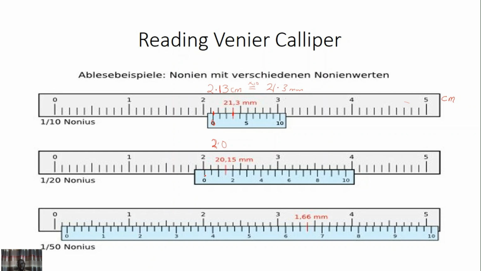Now, the next thing is to read from the Vernier scale. And before you do that, you need to look at where the Vernier marking coincides with the main scale marking. And if you look at it, it is here. Good. Now, you need to orient yourself with the scale there. Look at this place. This is not like this. So, how do you read this?